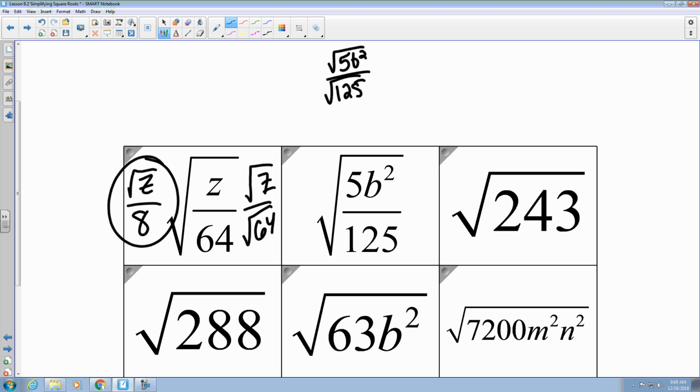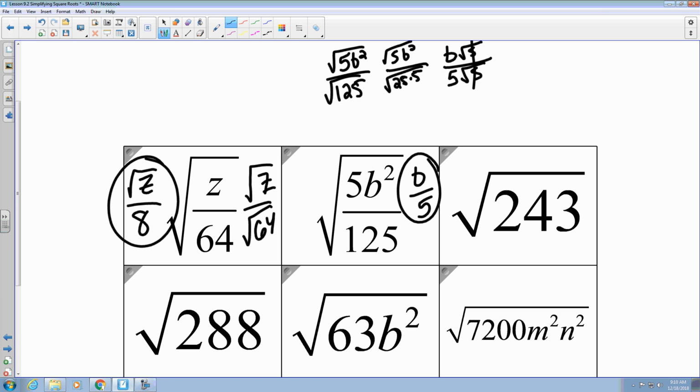The square root of 125 is not a perfect square number, but I can rewrite this as the square root of 25 times 5, and the numerator can be written as the square root of 5b squared. The square root of b squared is b, over 5 times the square root of 5, but these two square roots of 5 will cancel out to be 1, so my final answer is b over 5.